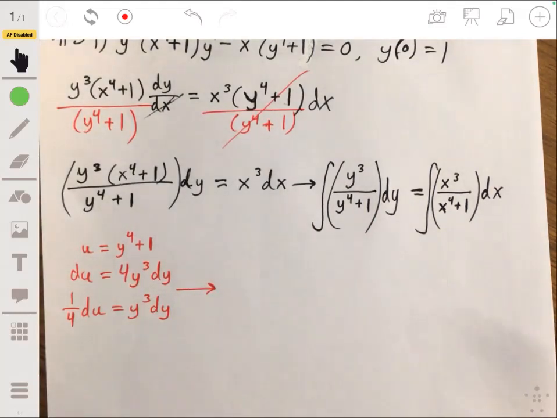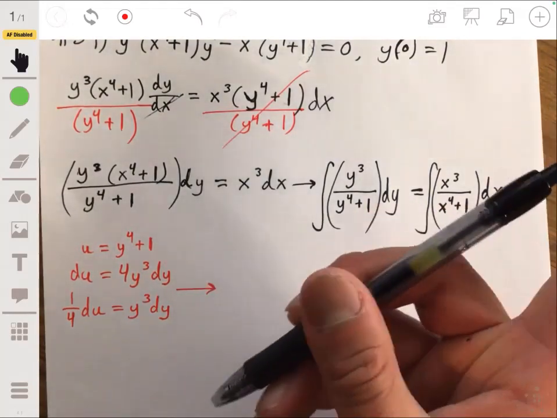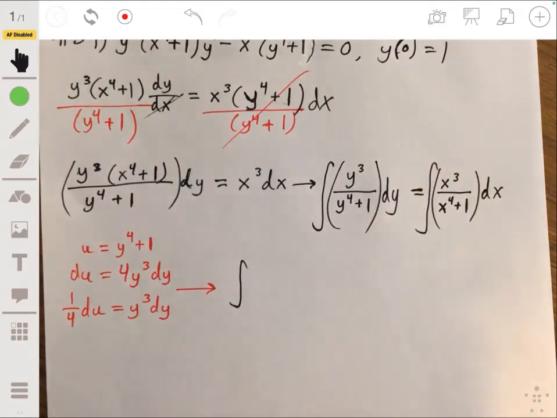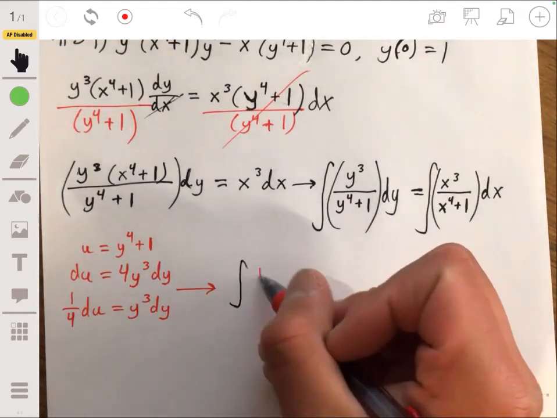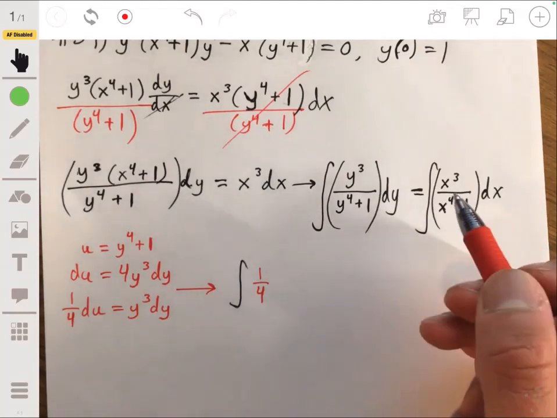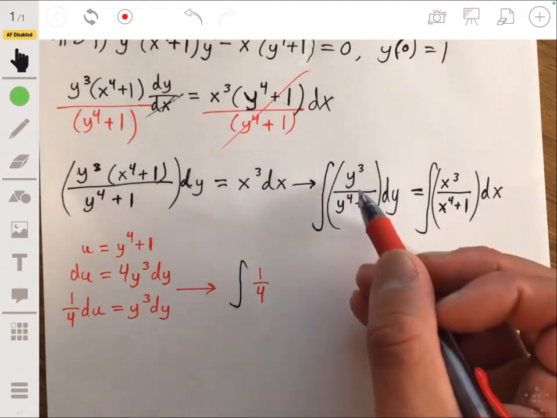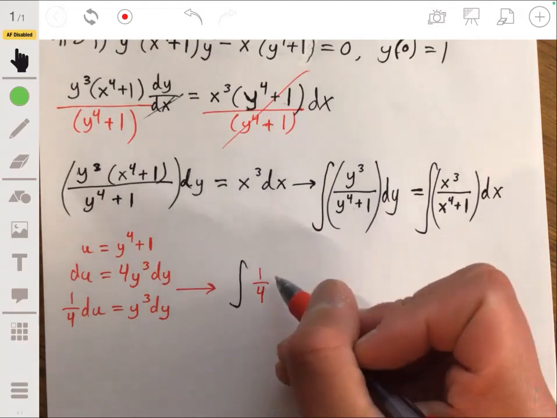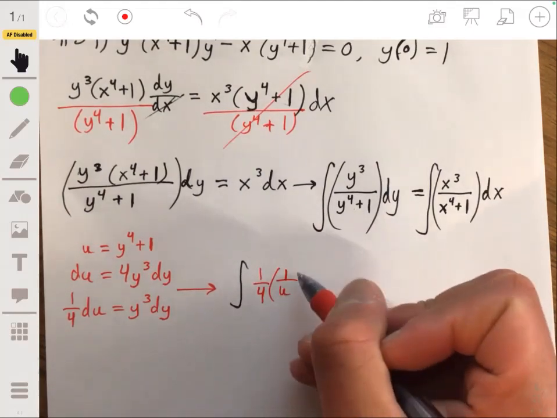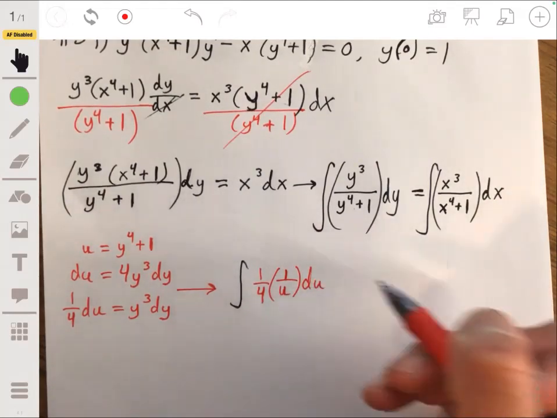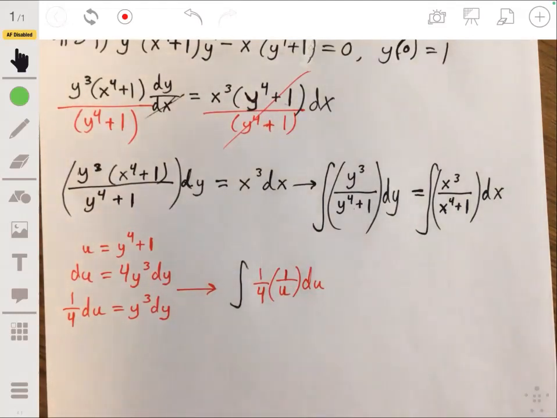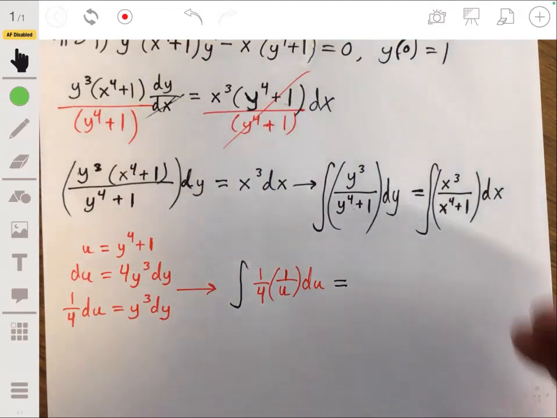And so that'll make our left side 1/4 times just 1 over u, because the u is in the denominator. And we can essentially do the same thing over here, but we'll call it something else.